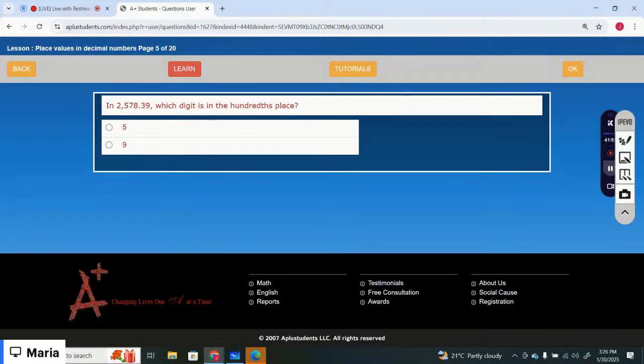In 2578.39, which digit is in the hundredth place, which is the correct option? Hundredth place, 9 it is. Very good. Option number 2 is the correct option.